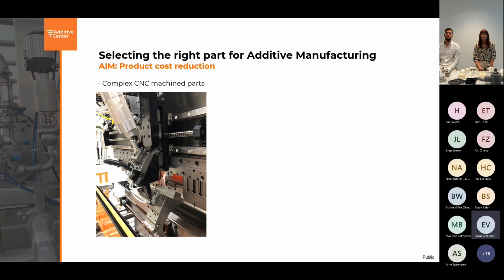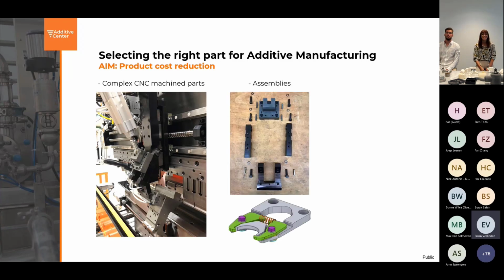So it's quite a complex part. It needs a lot of machining. It also needs several parts with quite tight tolerances. So that makes it complicated. Then that is an assembly, but there was also the gripper example, which is an assembly.